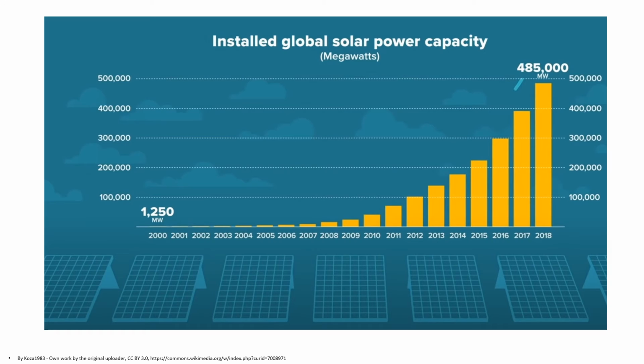The installed global solar power capacity has increased since the year 2000 from 1250 megawatts to 485,000 megawatts in the year 2018, with most of the progress acquired in the last 5 years due to increased support from improved technology and infrastructure.